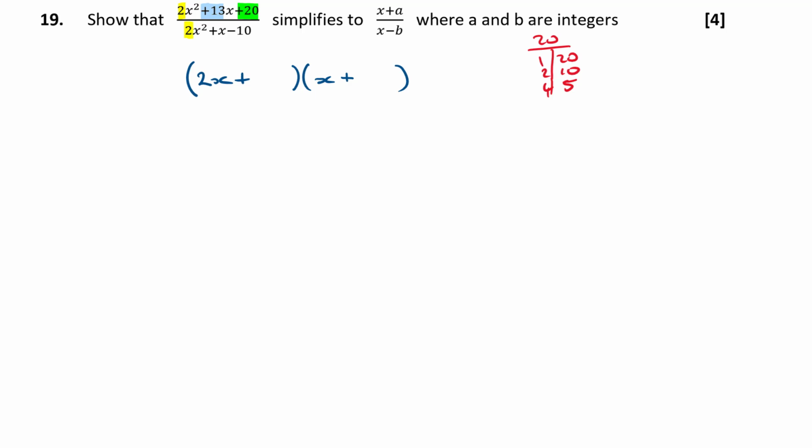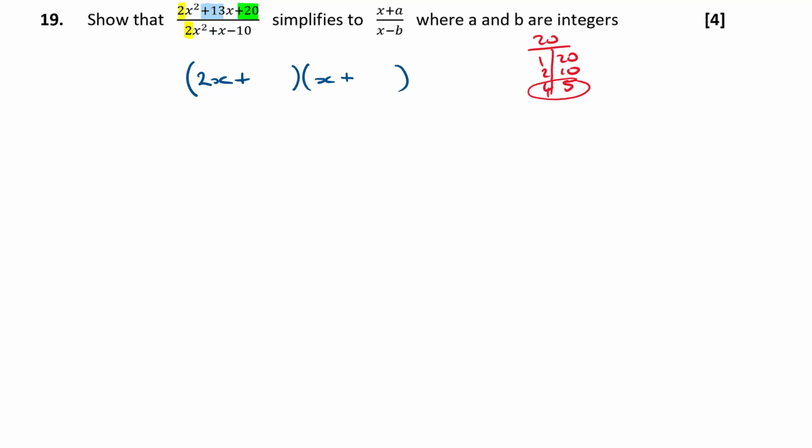Now remember, the one that we put in this side is going to get multiplied by the 2x, so its contribution towards the middle term is doubled. So I'm thinking it must be this pair, because if I double up 4, I'm going to get 8, and then if I add on the 5, I'm going to get 13. So that's how that top one is going to work.